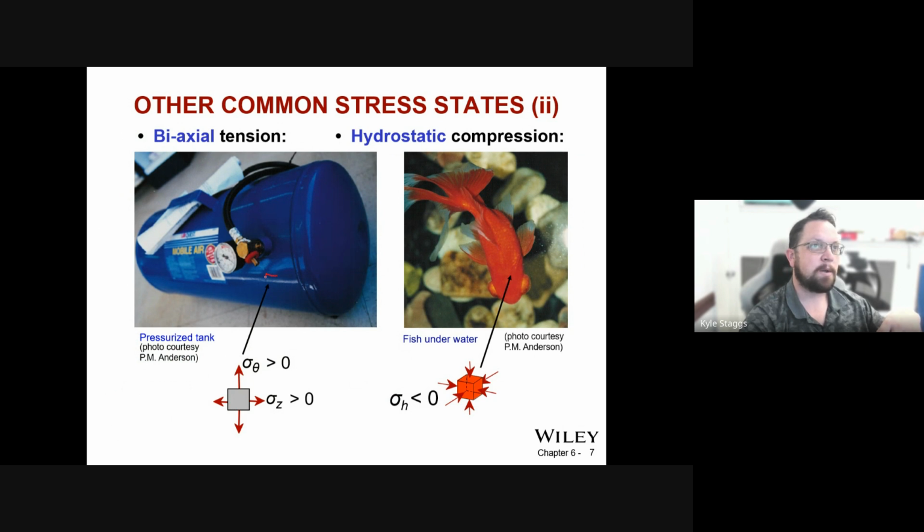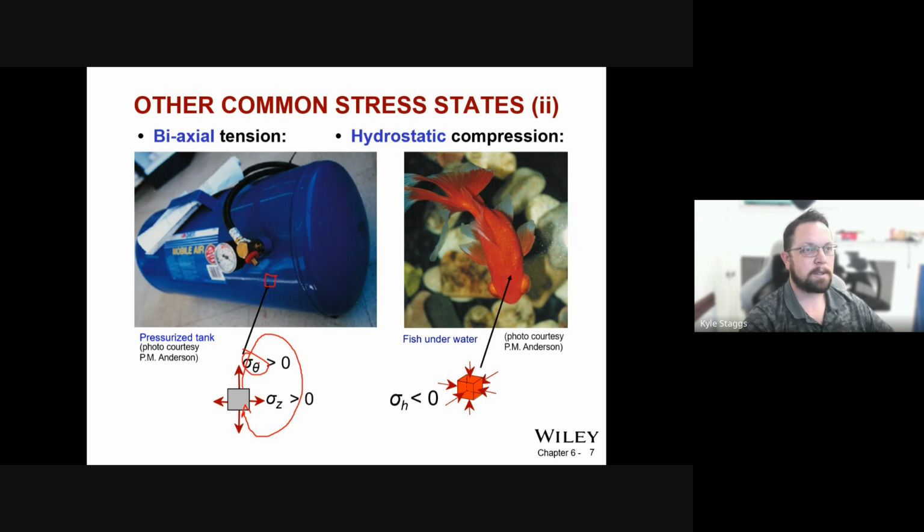If you were to take one small square differential element out of the skin of this tank, you have a circumference around the tank where you have stress pulling it apart. And you have the tension across the Z axis, which is trying to push the end caps off.